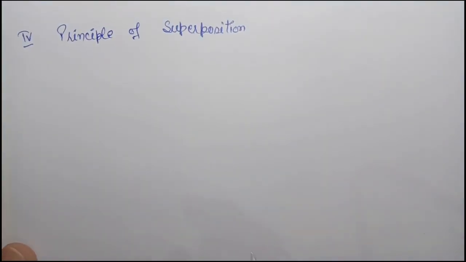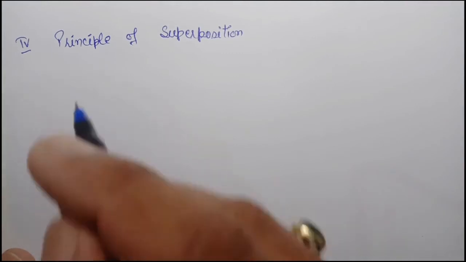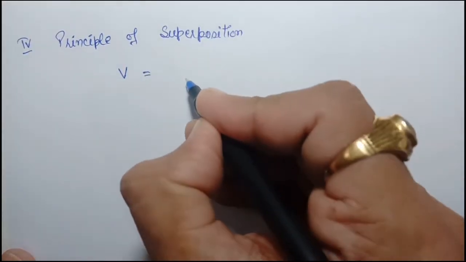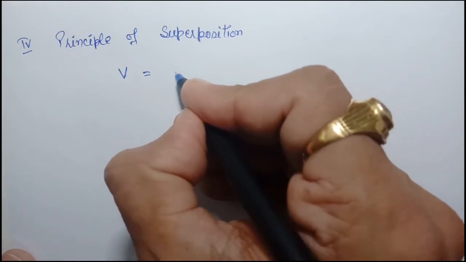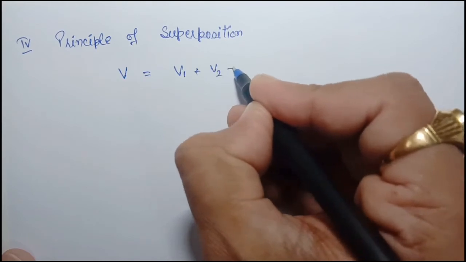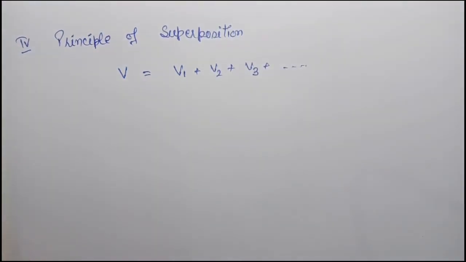That is, like force or electric field, here we will also use the superposition principle, and according to this, V is equal to V1 plus V2 plus V3 and so on. Because this is a scalar quantity, here we have an ordinary sum. So if we have an ordinary sum, then we can easily solve any problem.